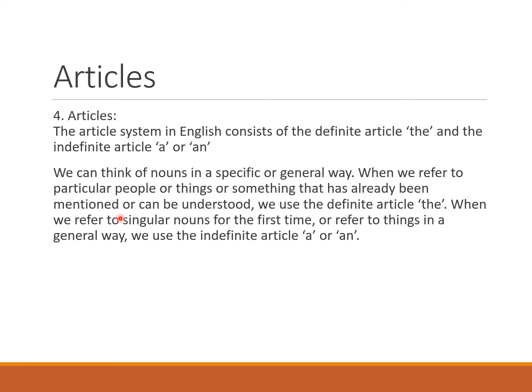When we refer to particular people or things, or something that has already been mentioned or can be understood, we use the definite article the. When we refer to singular nouns for the first time or refer to things in a general way, we use the indefinite articles a or an. So when we are definite about the noun, we should use the. If we are indefinite about the noun, we should use a or an.